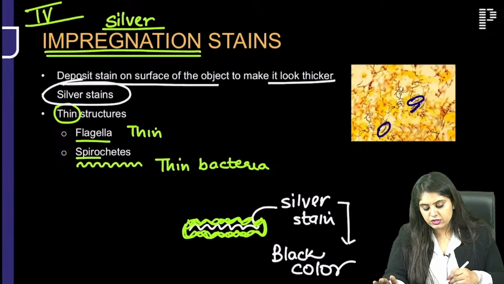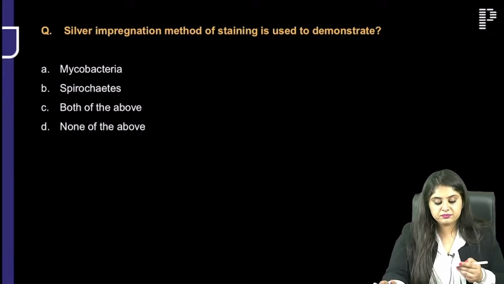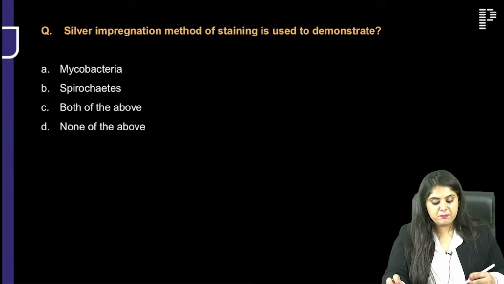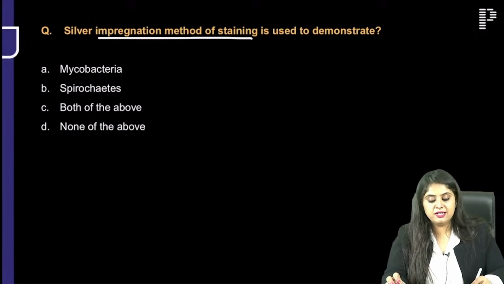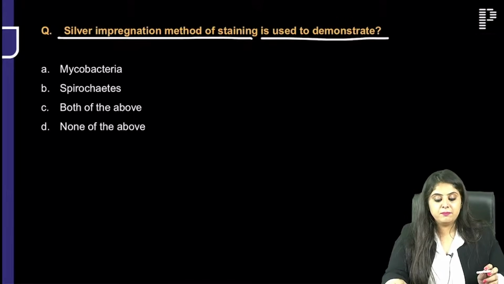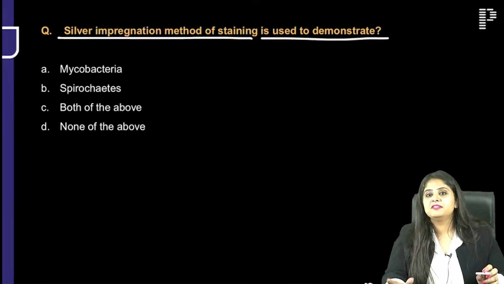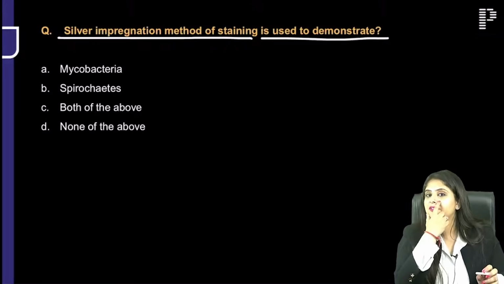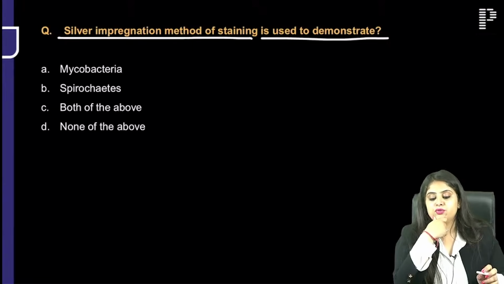And that was one question which I think we had missed out in between, which I will get back to. Yes, silver impregnation method of staining is used to demonstrate: mycobacteria, spirochete, both of the above, none of the above. I know when answers like all of the above or both of the above come, you feel like marking that.